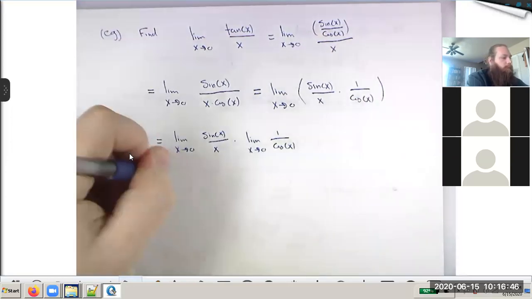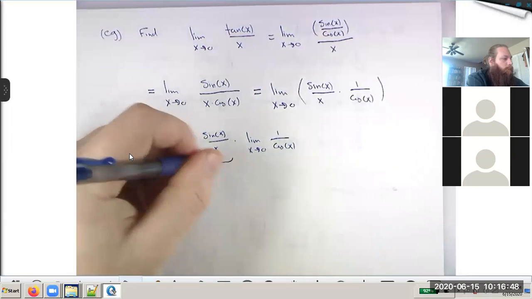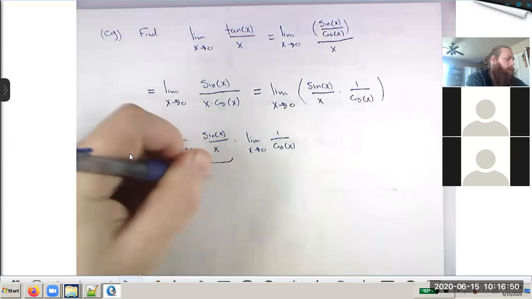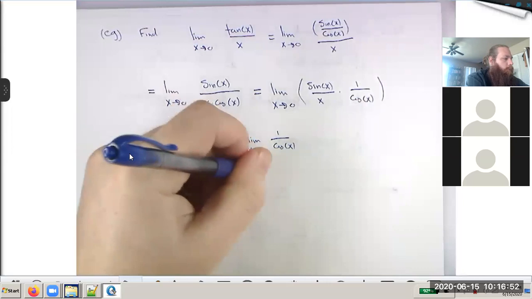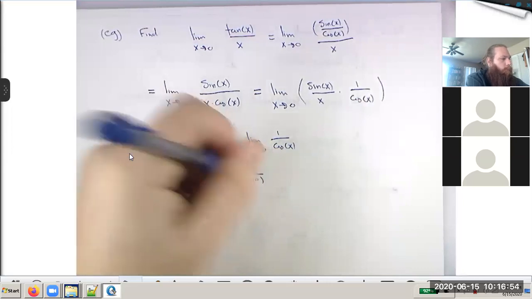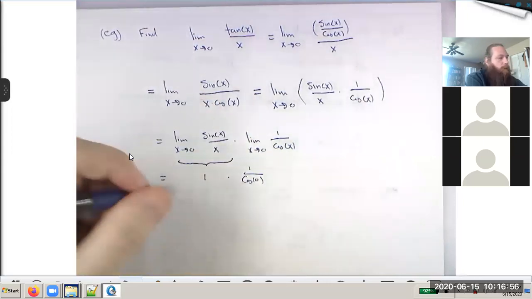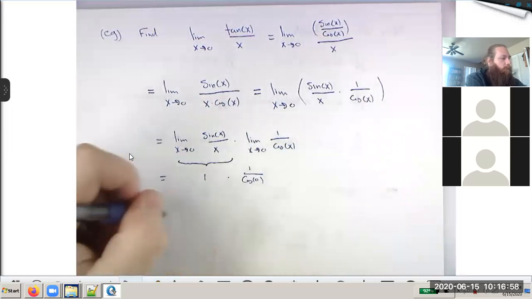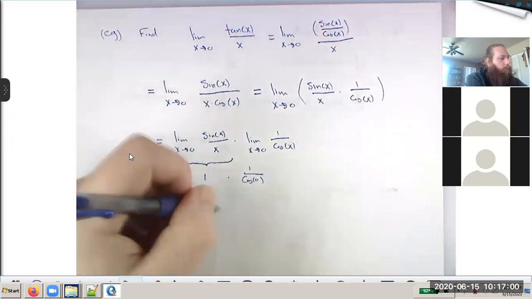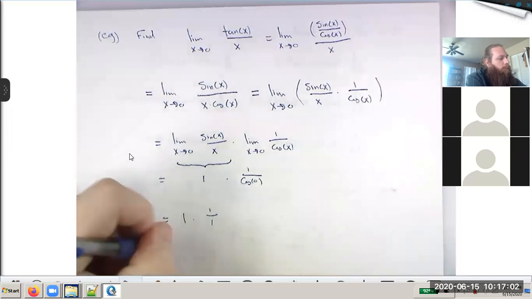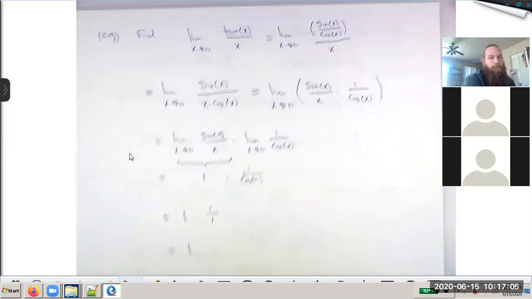The sine x over x limit I know is 1. And then 1 over cos of 0, no problems with that. I can just plug in x equals 0 here. The cos of 0 is 1, so this is 1 times 1 over 1, which is 1.